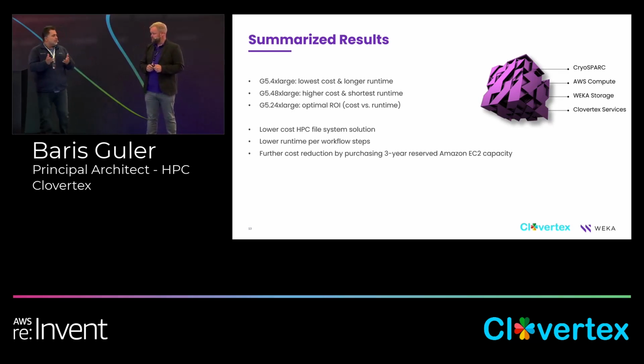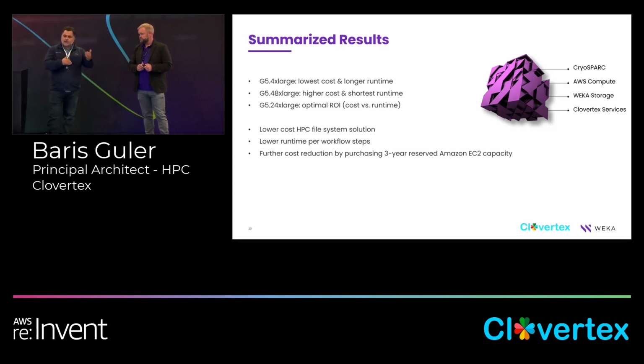The 4 8x large with 8 GPUs, we didn't find very useful because runtime didn't improve much, but cost doubled again. So basically we lowered the cost of the HPC file system solution, lowered runtime of workflow steps, and these results can be further reduced by purchasing reserved instances on top of it. So I think it's fair to say better, faster, and cheaper is good just about any way you can slice it.